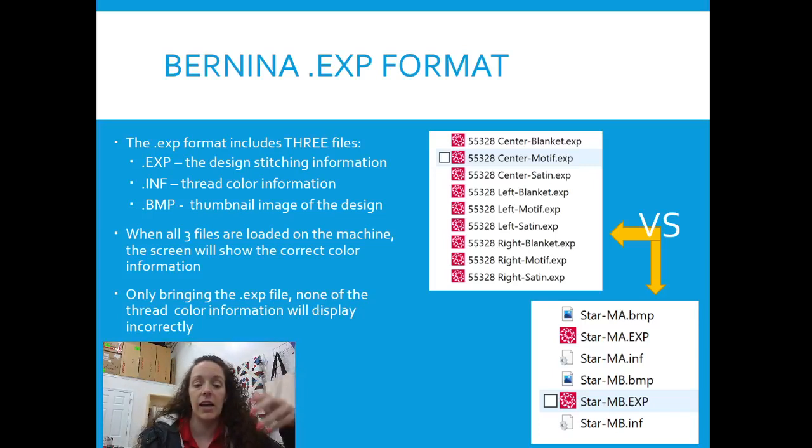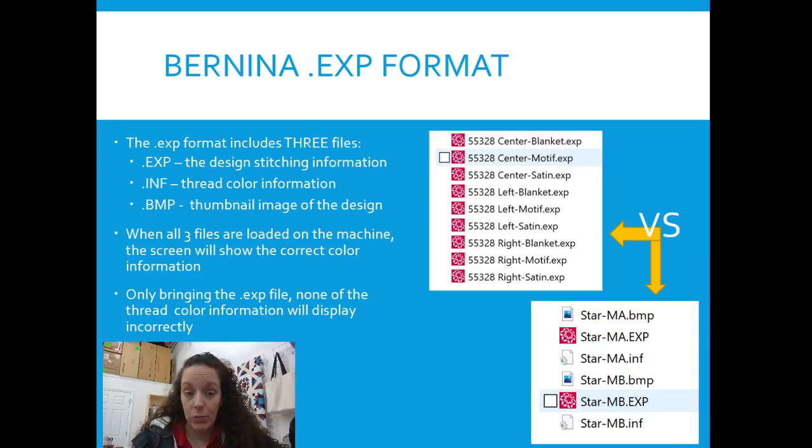So if you copy all 3 files, okay, and put them to the machine or the USB stick, this is what's going to guarantee that your machine is going to show you the right color information for that design.